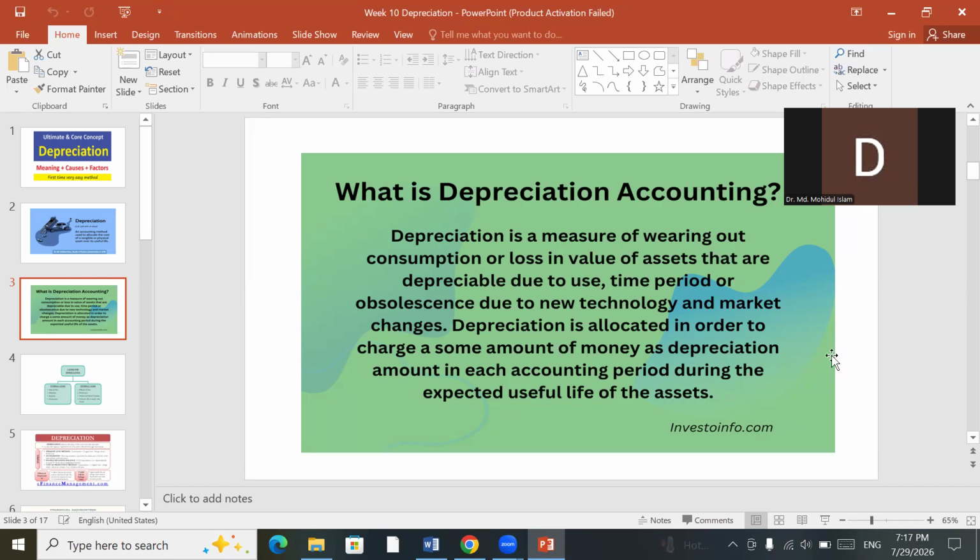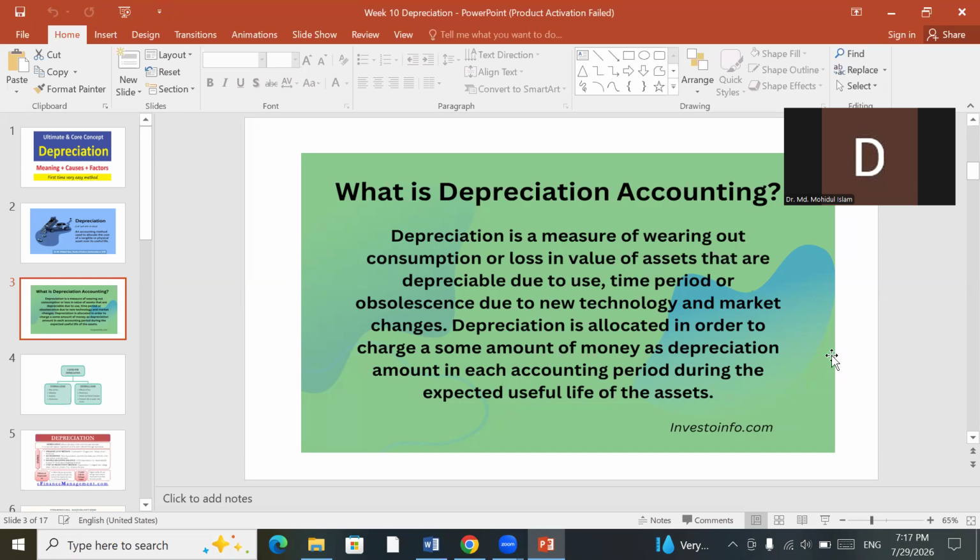So for example, you have a computer, you just imagine every year maybe 2000, maybe 3000 value loss. You just select it. This value loss amount or portion is called depreciation.